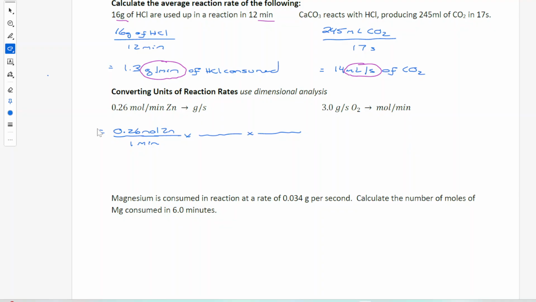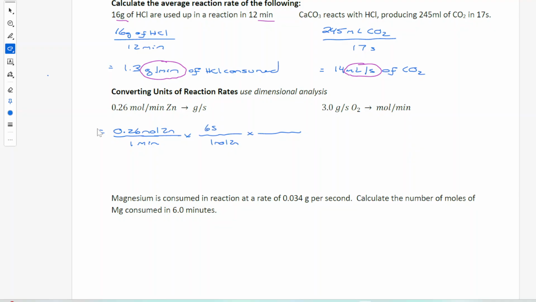I want to convert from moles into grams. Moles is on the top, so I'm going to put moles on the bottom, where I know that 1 mole of zinc weighs how much? Well, you're going to go to your data package and look up zinc, which I'm currently doing and I'm hoping you're doing as well. I'm going to find that it is atomic number 30 and it has a molar mass of 65.38.